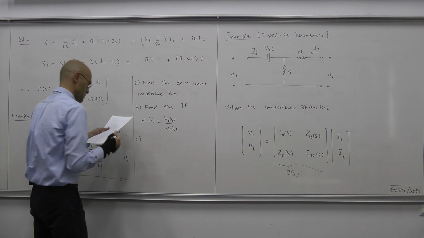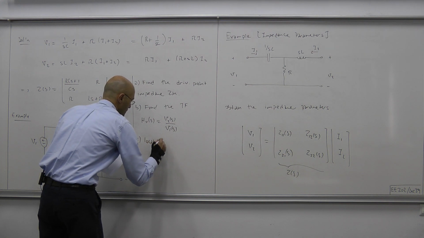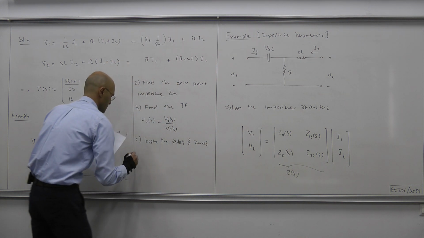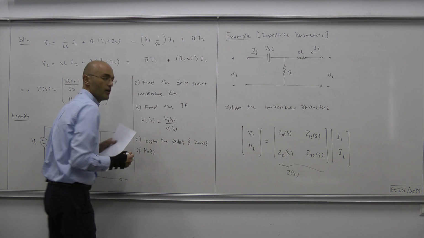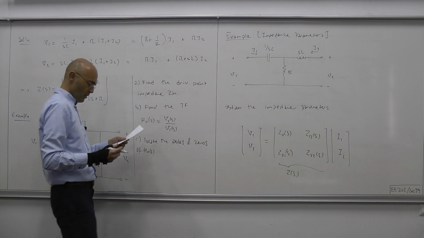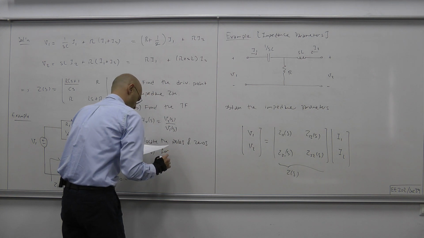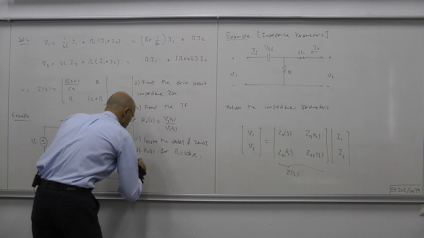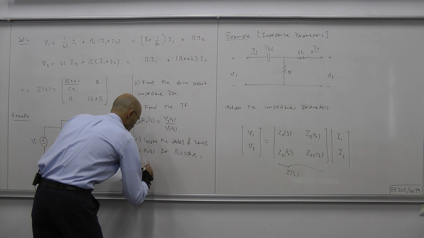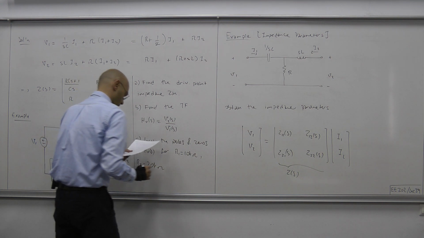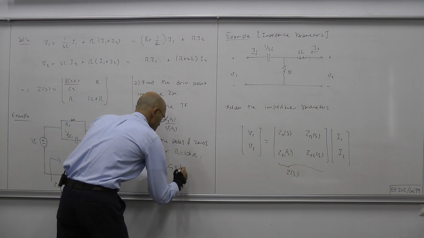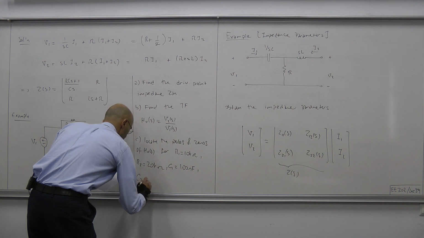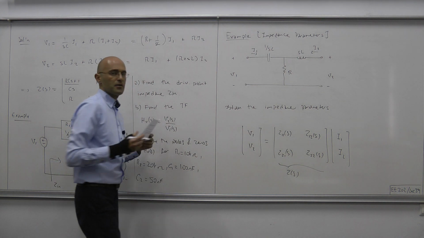And C, locate the poles and zeros of the transfer function HV of S for R1 equals 10 kilo ohms, R2 equals 20 kilo ohms, C1 is 100 nanofarads, and finally C2 given as 50 nanofarads.